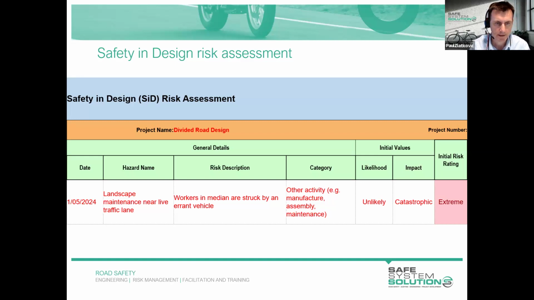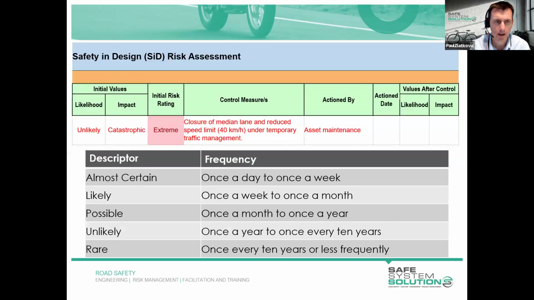So I'm just going to go back to this scenario now, and I've suggested a control measure for the risk. The control measure is closure of the median lane, so the inside lane, the one right next to the landscape median, and a reduced speed limit of 40 kilometres per hour under temporary traffic management.